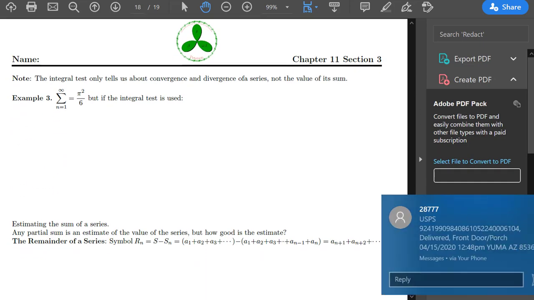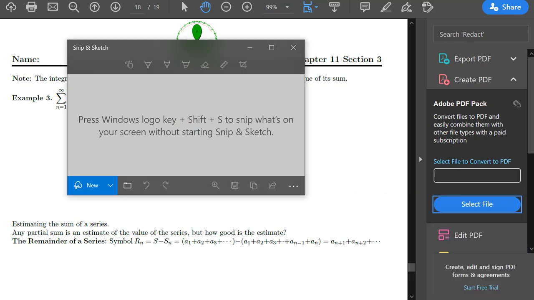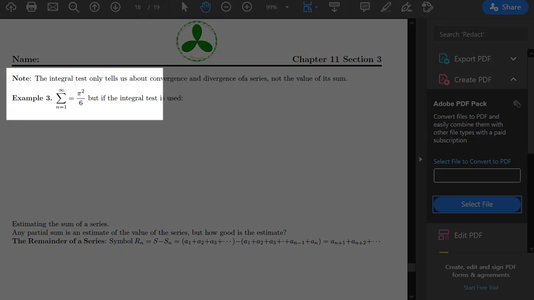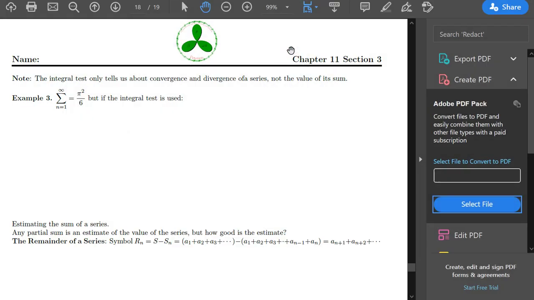All right. It's worth noting that the integral test only tells us about the convergence and divergence of a series, not the value of its sum.